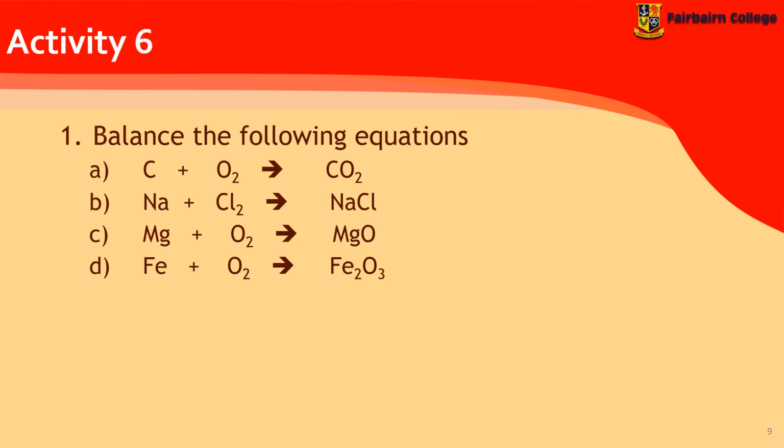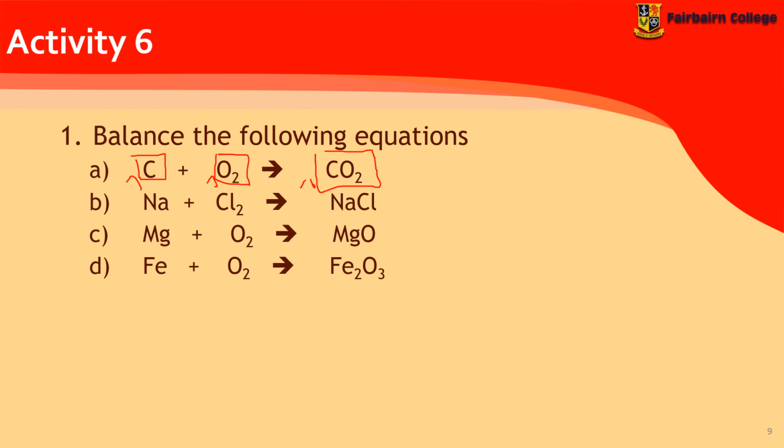So in this first one, I give you the full equation. So example, carbon plus oxygen equals carbon dioxide. So go calculate the number of atoms on each side, and if they don't balance, then balance them by changing the numbers in front. Okay, so write this down.